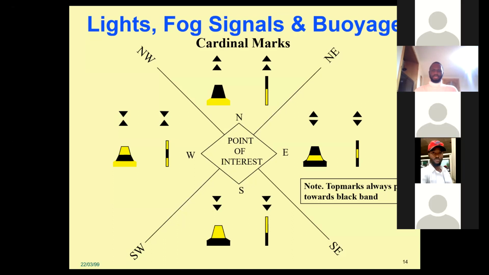Since I'm coming from the southwest, I will have to alter my course to port in order not to pass the south of that buoy. Because if I alter my course to starboard or keep my course, then I'll be passing the south, which might make me go towards the danger. If I'm coming from southwest, I have to alter my course to port side, to go through the port side of the Cardinal Mark and then probably go towards the northern part.